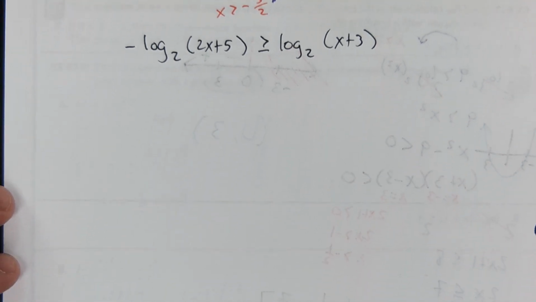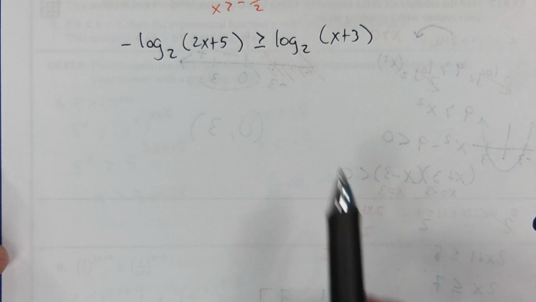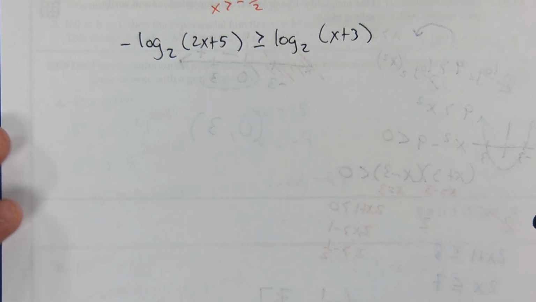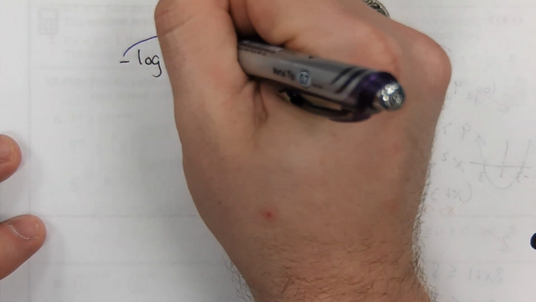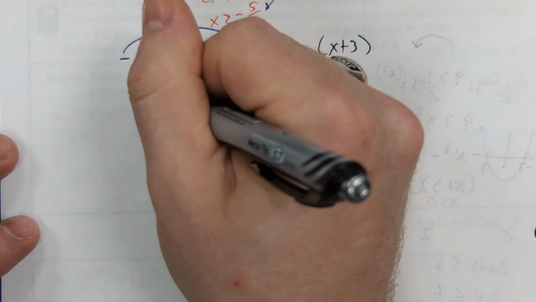Let me tell you what we're not going to do. We are not going to divide by negative 1, because that won't help us. If you divide by negative 1, now you have a negative in front of this logarithm, and you'll always have a negative in front of a logarithm, so you can't leave it there. What are you going to do instead? Make it a negative exponent of the argument, which looks like this.